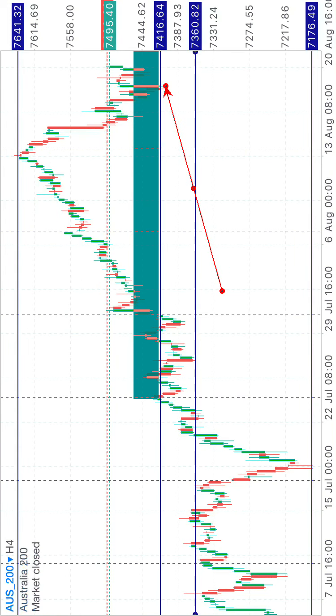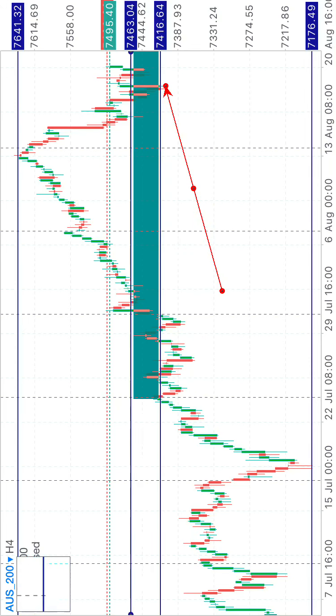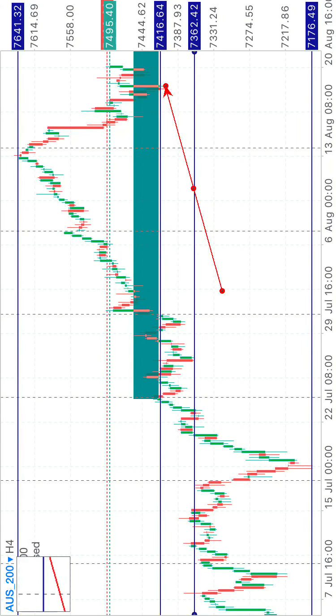Up until 7416.64. Prices were where? Prices were in a correction phase, or were retesting that broken level.